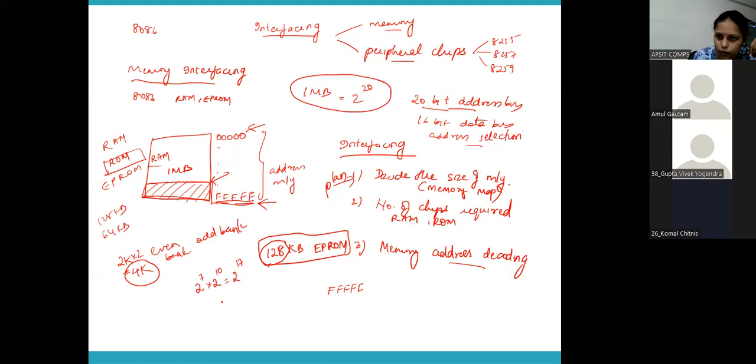So how do you write 2 power 17 in hexadecimal? It is going to be 1 1 1 1 1 1 1 1, and then 1 0 0, right?